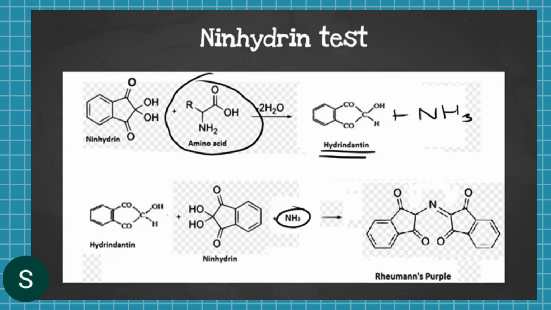Therefore, creating your Ruhemann's purple. Okay? Ruhemann's purple pala, sorry. Okay? So, sa Ruhemann's purple, yan yung nagiging color ng solution mo. So, yung presence ng primary amino acid mo when combined with your ninhydrin reagent, nagpuproduce siya ng purple color.